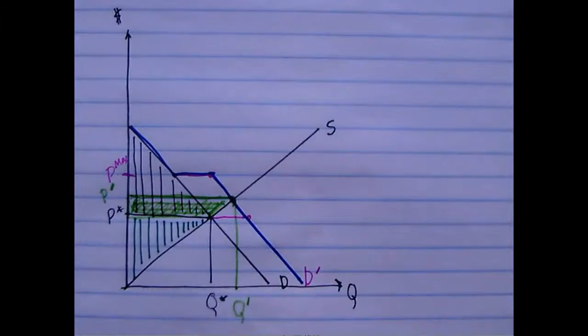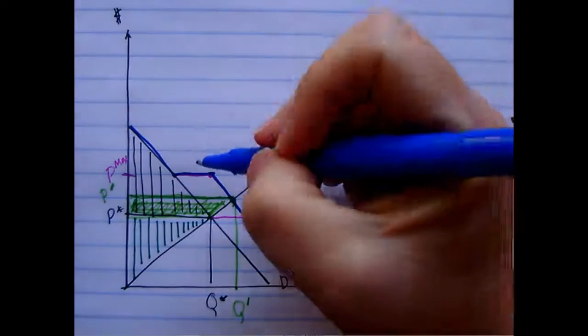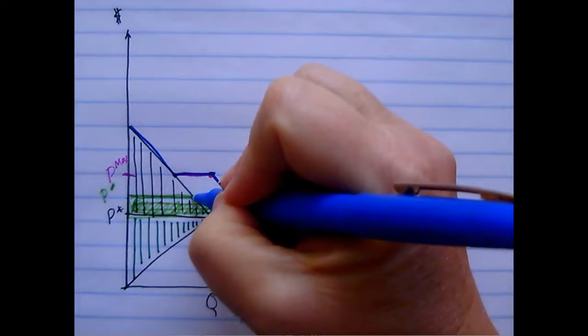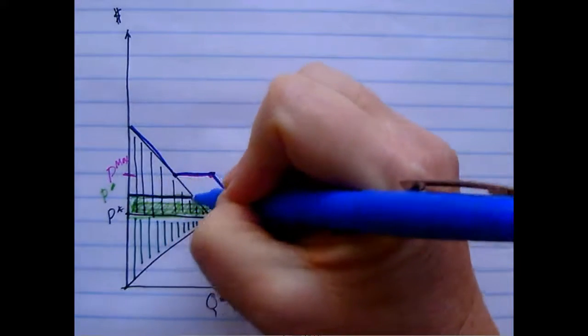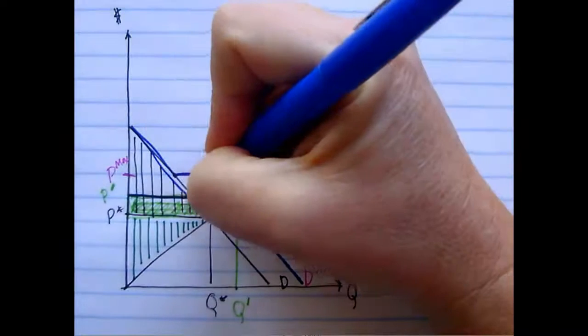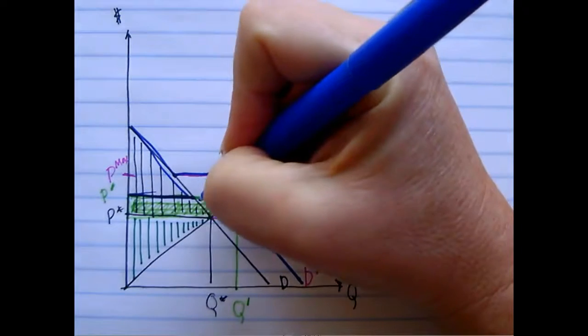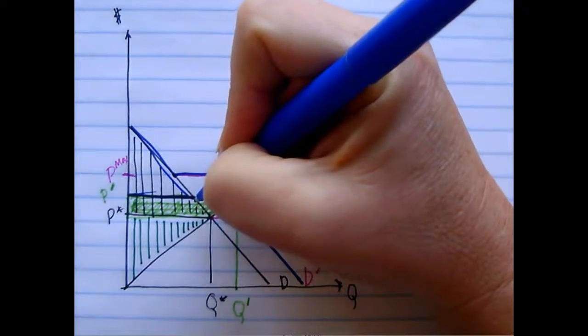Right? Now consumer surplus, two things have happened. For the consumers, there's been a shift in price. So consumers are going to get less surplus, right? So now it's just the difference between the price and their willingness to pay. And some consumers are out of the market.